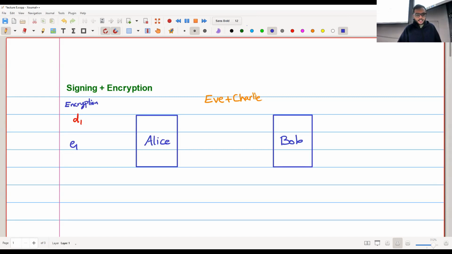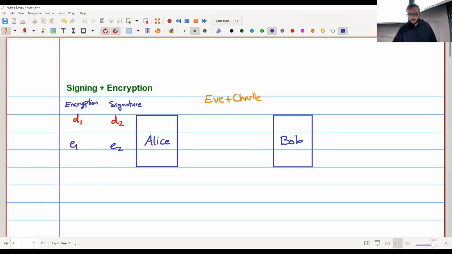But then she has a separate set of signature keys, let's say D2 and E2. And these are different, and actually, they might even have a different modulus when we're talking about RSA. So I have like an N1 here and an N2 here. But I don't want to put too much emphasis on the modulus, so I don't write it, but you know that all the calculations are modulo some number N because we're using RSA.